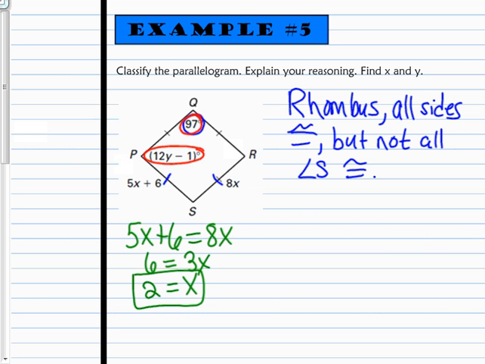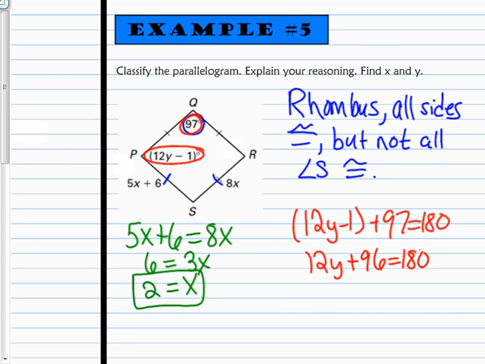Well, they add up to 180. So 12y minus 1 plus 97 equals 180. 12y plus 96 equals 180. 12y equals 84. y equals 7. So this is a rhombus. All the sides are congruent, but not all the angles are congruent. We found x, and we were able to find y.